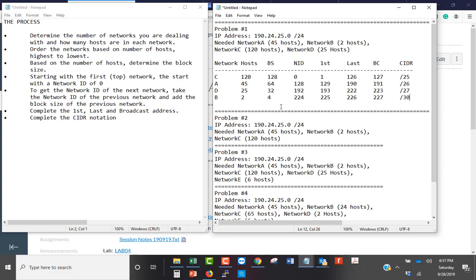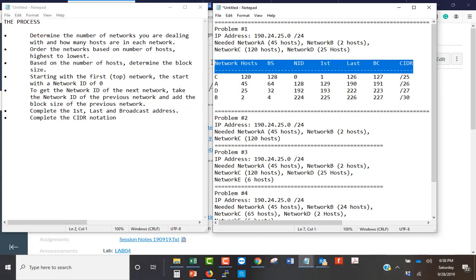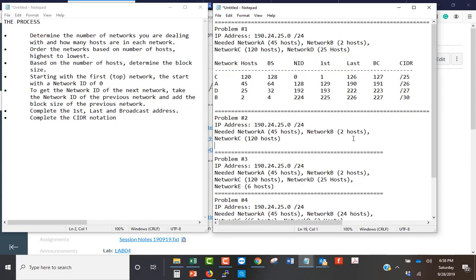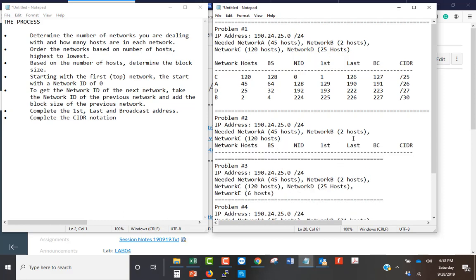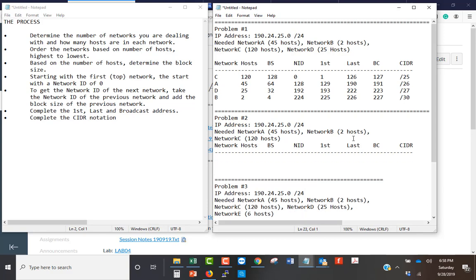All right. Moving on to our next. We'll just copy this. So let's take a look at our networks. We're starting out with the same network ID with a /24.